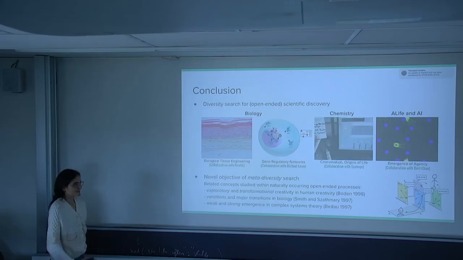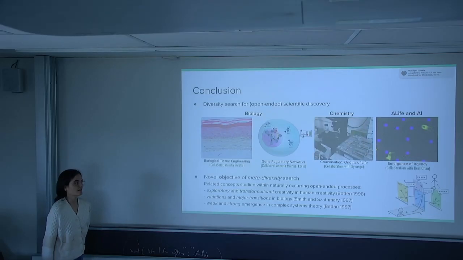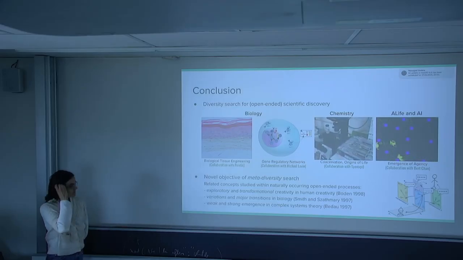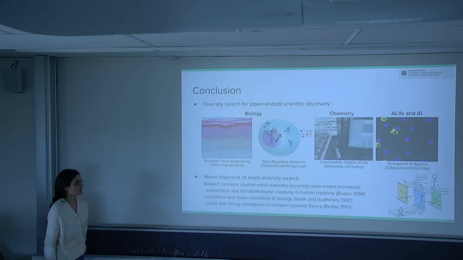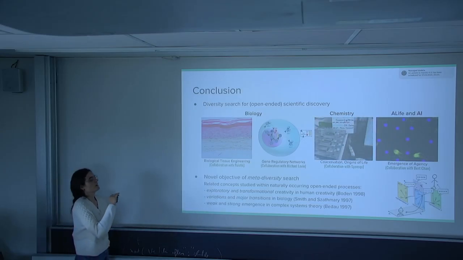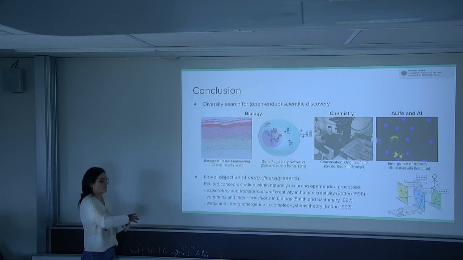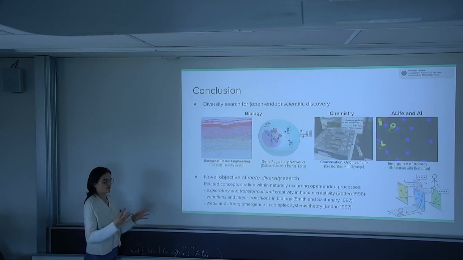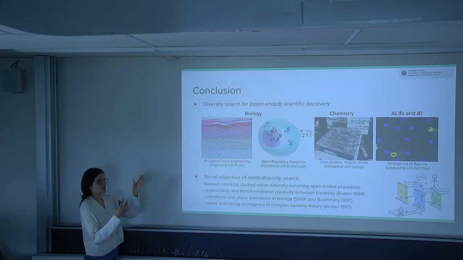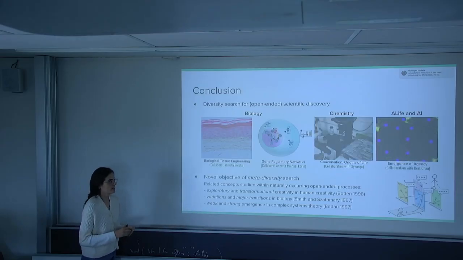Even though it's not used so much in AI for science, I think it's interesting, and I didn't present those works today, but these are a bunch of collaborations that I also did during my PhD. And we showed in each case that diversity search was useful to find a set of representative behaviors in these systems, which the scientists were not aware of prior to exploration.